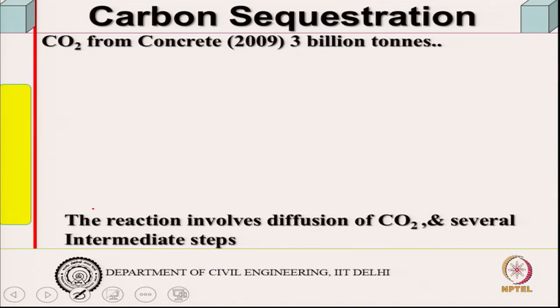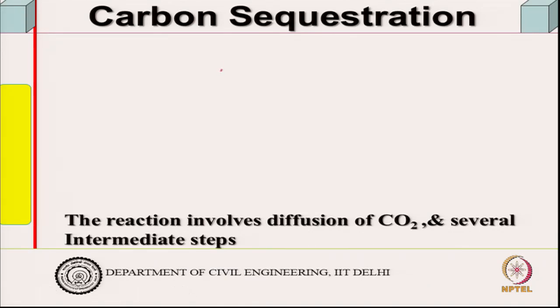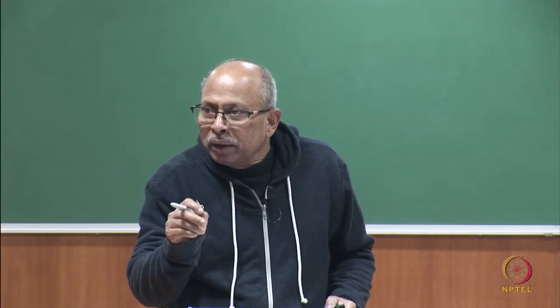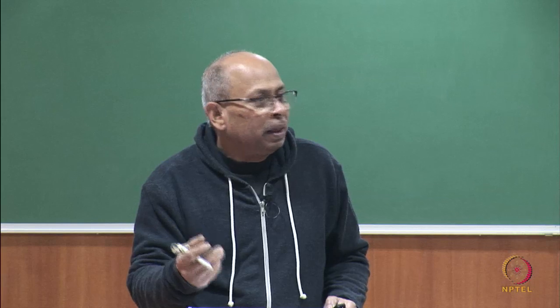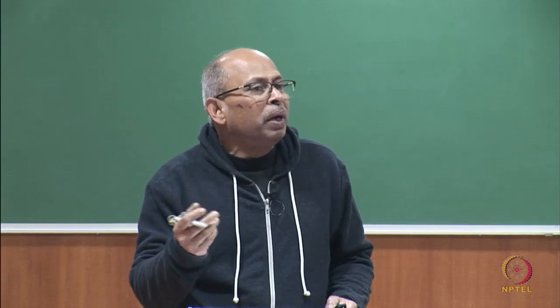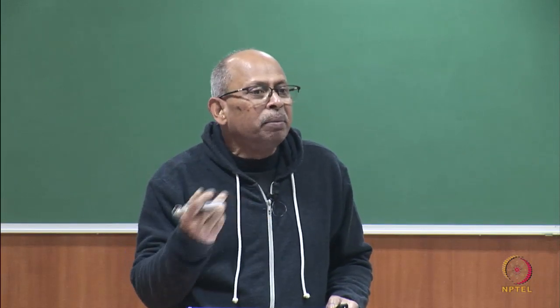Now, about carbon dioxide: calcium carbonate is a natural material, it is stable. Calcium carbonate and magnesium carbonate, these carbonates are stable. Calcium oxide is not stable. The moment you bring it in contact with water, it will form calcium hydroxide, and if you leave it in the atmosphere, it will then convert into calcium carbonate.